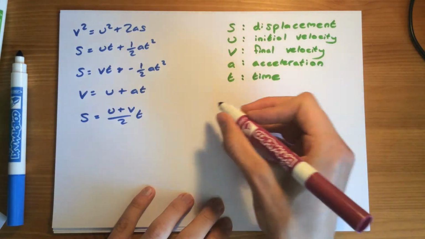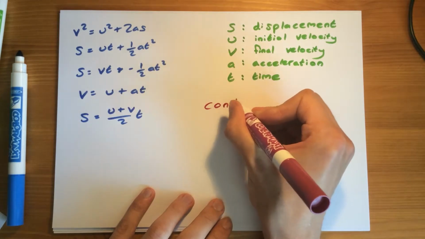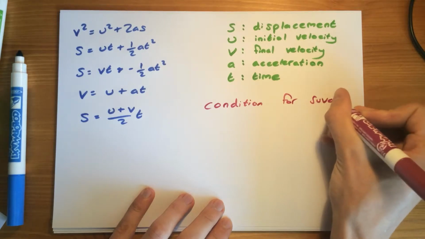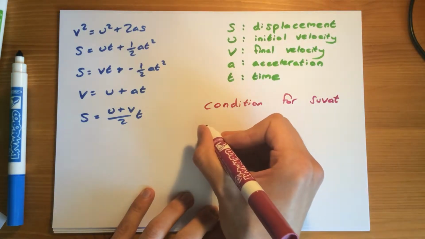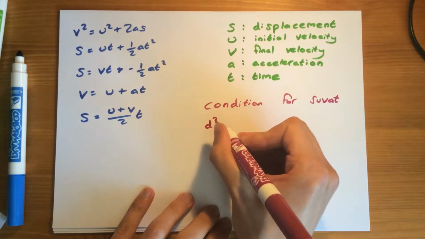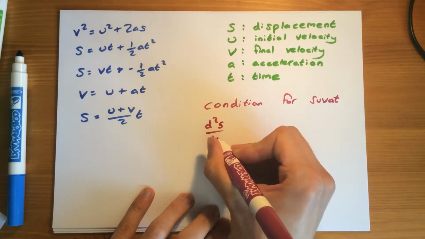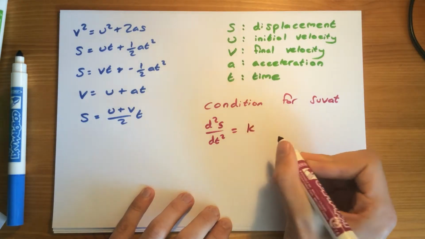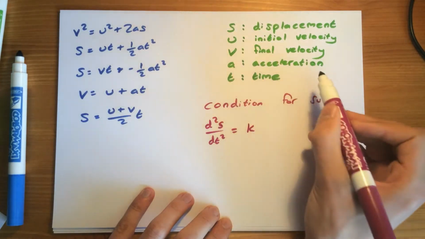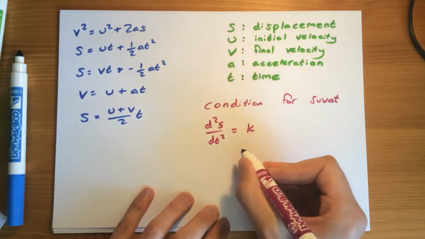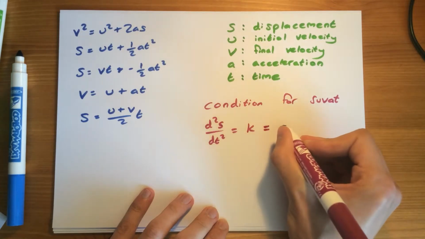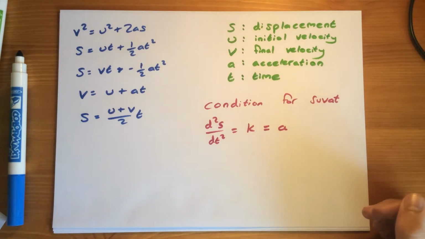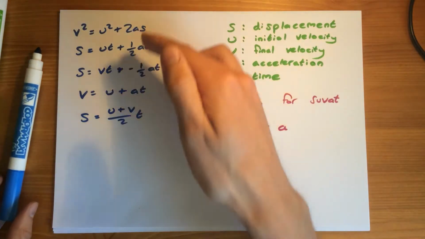So as I mentioned before, the condition for SUVAT is that the second derivative of the displacement with respect to time is equal to some constant k. Well, k is normally a constant, but in this case, as we've defined it, we're going to have this constant as a. So let's say equals a there. Okay, so this is the only condition, and from this we're going to actually derive all of these equations.